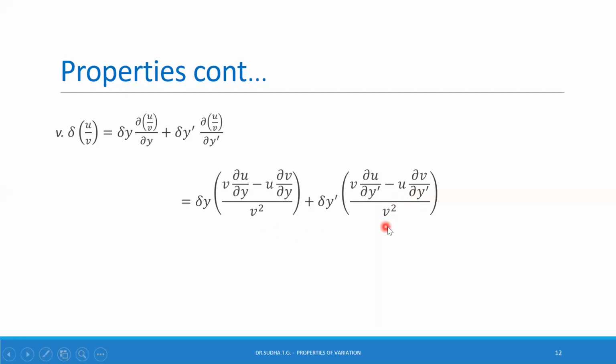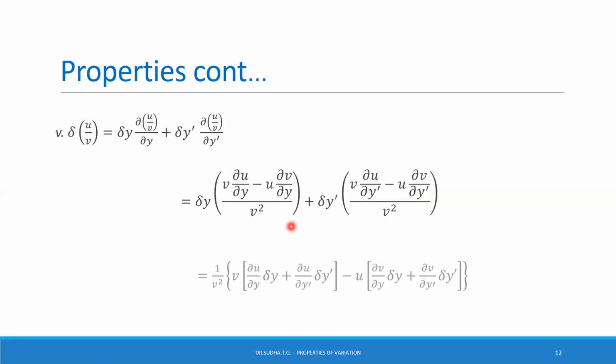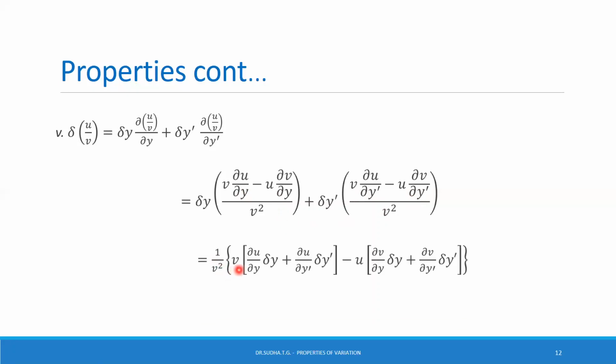So here in both the expressions we have v square in the denominator, so you can remove 1 by v square as common and let us collect the terms containing v and u separately and we get 1 by v square, v into dou u by dou y into delta y plus dou u by dou y dash into delta y dash, minus both the u terms are negative, so minus u into dou v by dou y into delta y plus dou v by dou y dash into delta y dash.